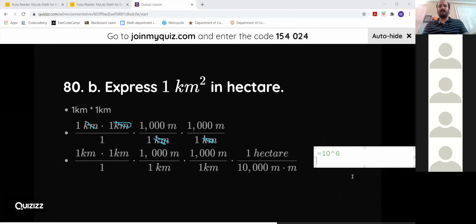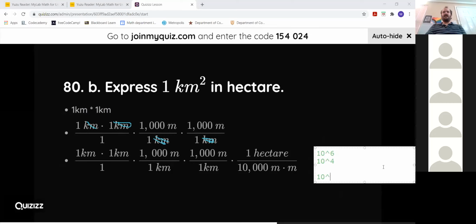Down here, this is 10 to the what, 4th? And I believe I talked about this in the notes. But if I want to talk about these two things being divided, I can subtract their exponents. So if I think about 10 to the 6th over 10 to the 4th, it's going to give me 10 squared, or it's going to give me 100.